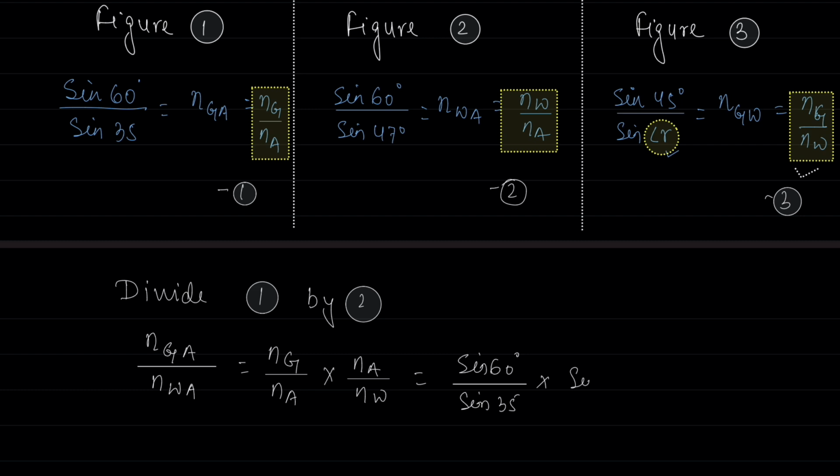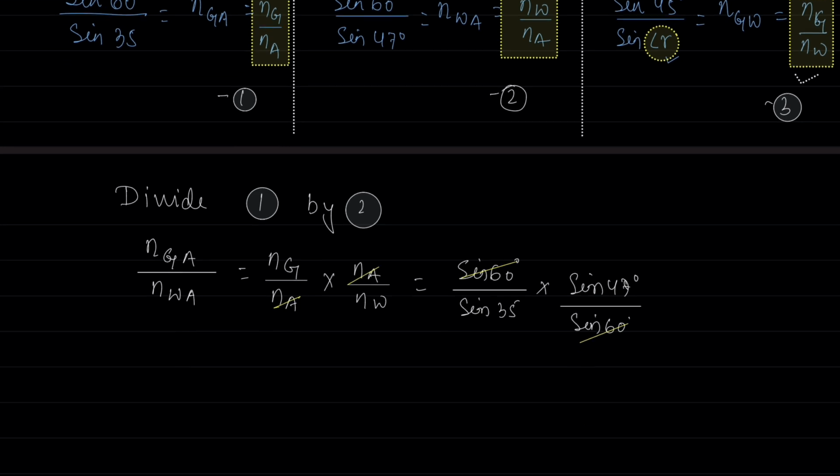So Nga by Nwa is also equal to Ng by Na into Na by Nw. Let's substitute the values: sin 60 by sin 35 into sin 47 divided by sin 60. Let's cancel this sin 60, and here Na and Na get cancelled. So we get Ng by Nw is equal to sin 47 by sin 35. Using the calculator, sin 47 is 0.73 and sin 35 is 0.57.